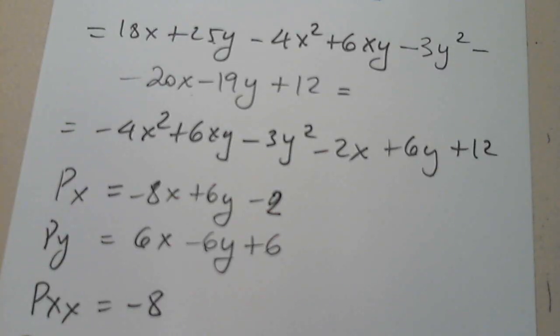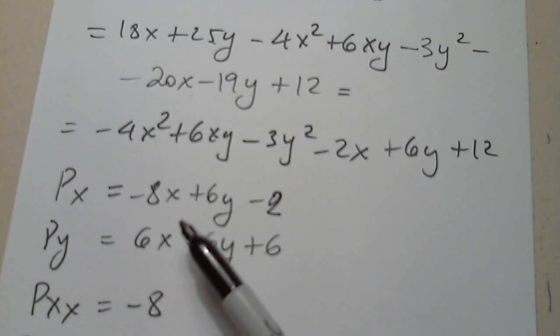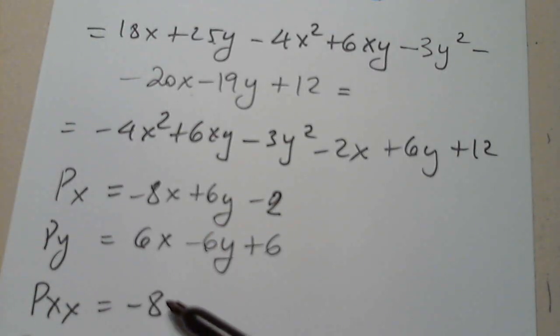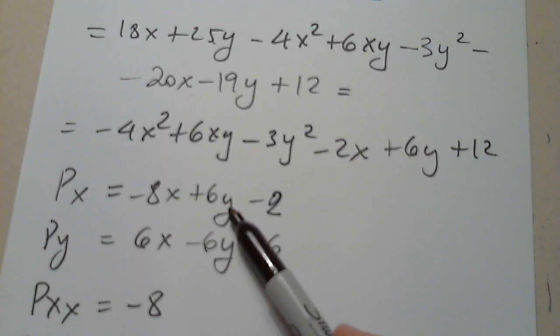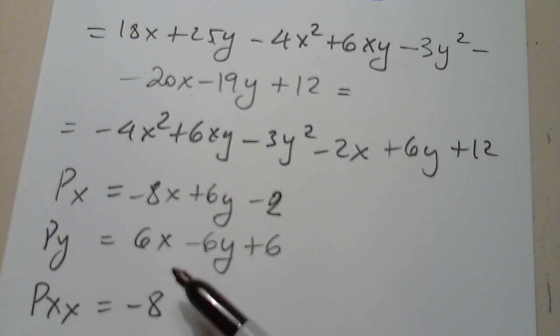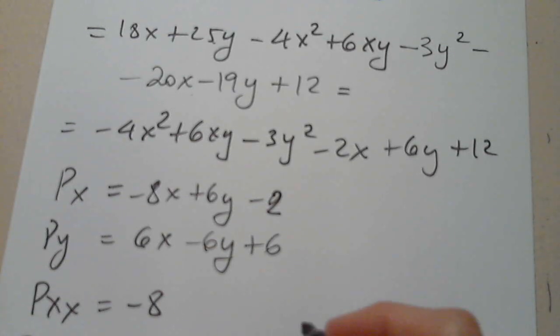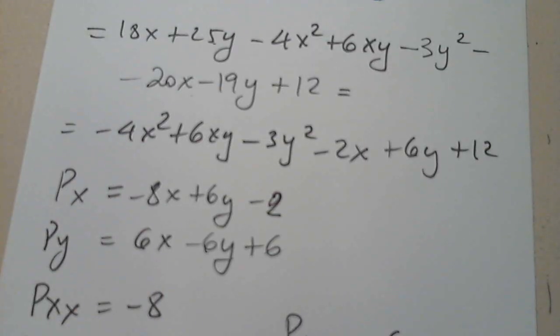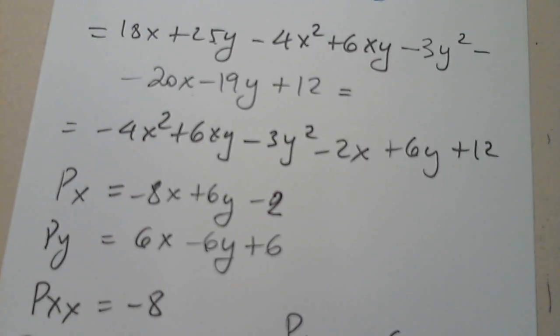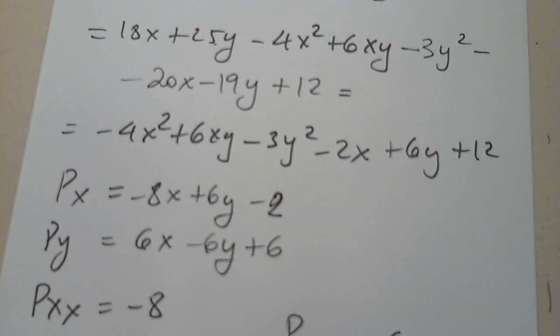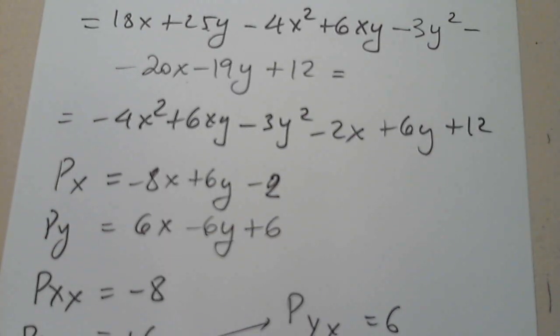Pxy is positive 6, sorry. So Pxx is negative 8, Pxy is 6. Pyy is negative 6. And Pyx, Py with respect to x, is 6. These have to be the same. Please remember that. If they're not the same, something is wrong. Pyx and Pxy have to be the same.